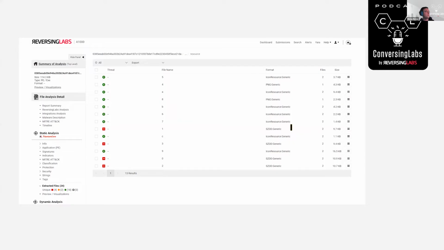Yep, sure. So basically, this became a bit fishy when we saw that the original sample, if you look at the extracted files, has, besides this icon, generic, and PNG resources, which are pretty common, 4 Microsoft compressed resources. And luckily, these are automatically decompressed and unpacked with Titanium Core.